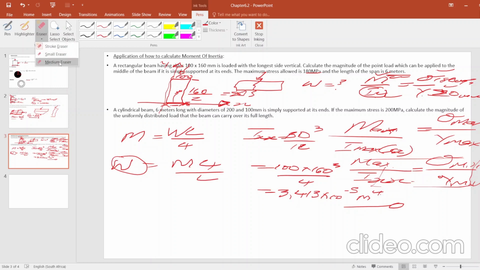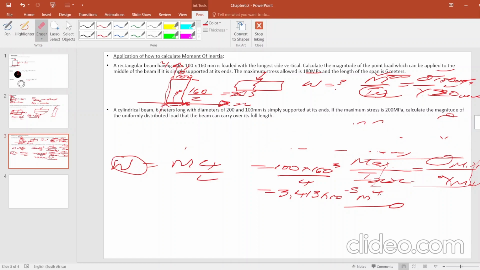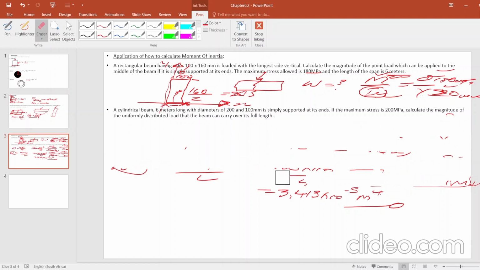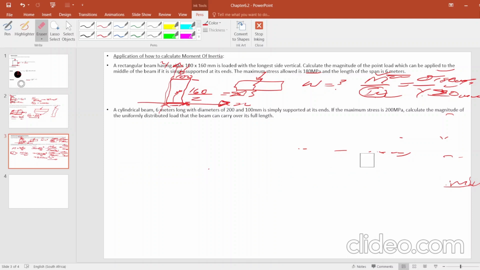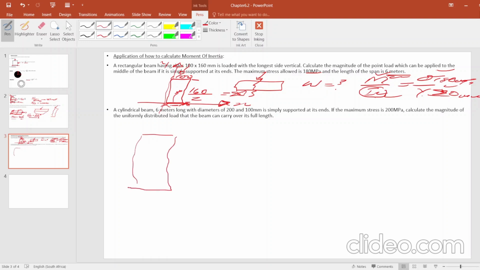Let's look at the second question and apply how to calculate the moment of inertia. All right, let's look at the second one, or let's re-emphasize the first one because it was clustered.